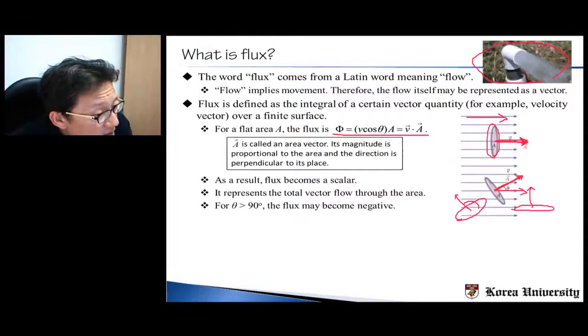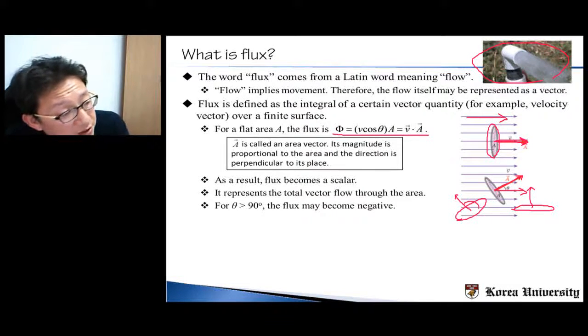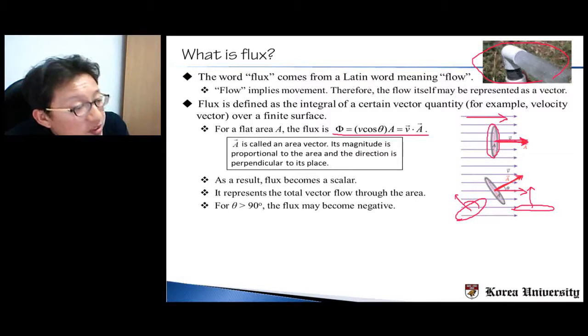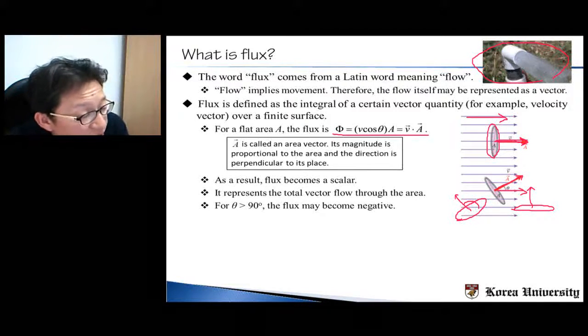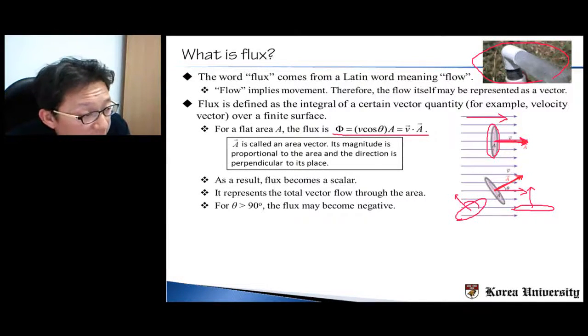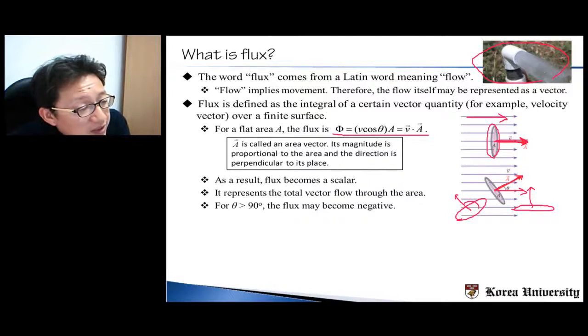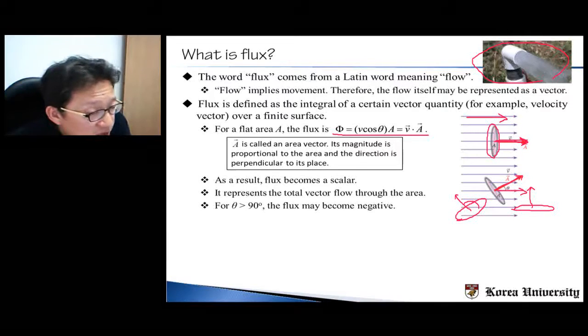So flux can become negative, but basically what it means is that if the positive flux means the flow going out of this surface, then a negative flux will mean flux coming in. So therefore, exactly opposite direction of flow. So remember the definition of the flux, and it can become positive or negative, and it sometimes becomes zero.